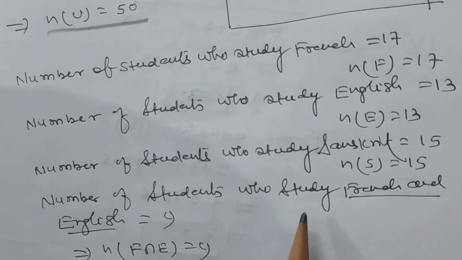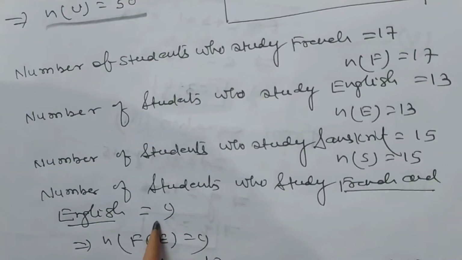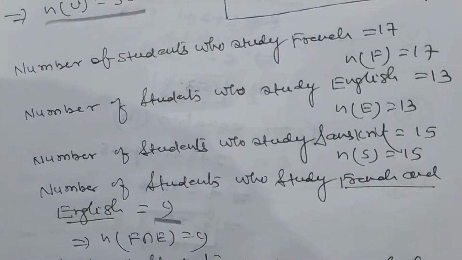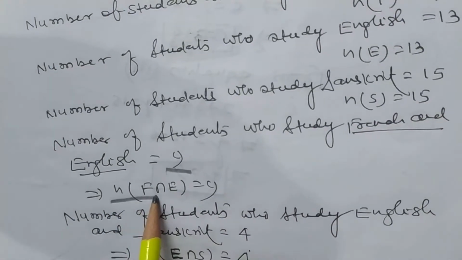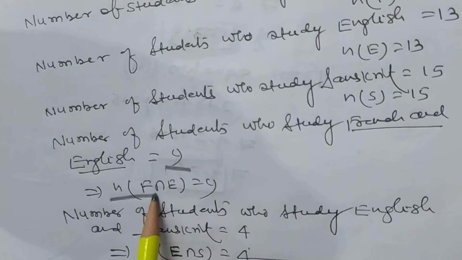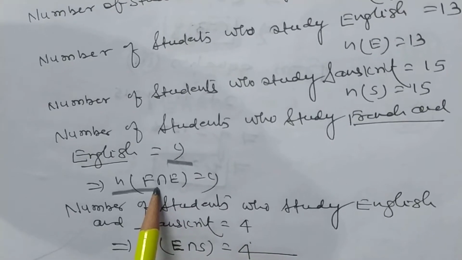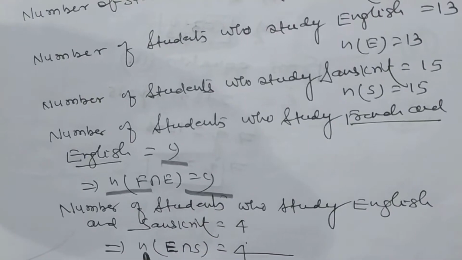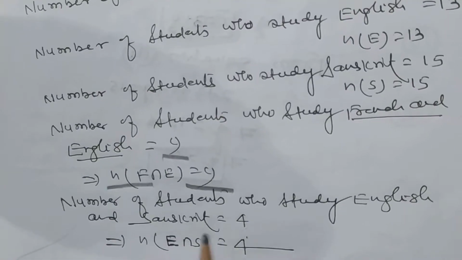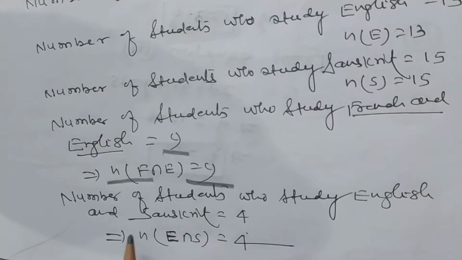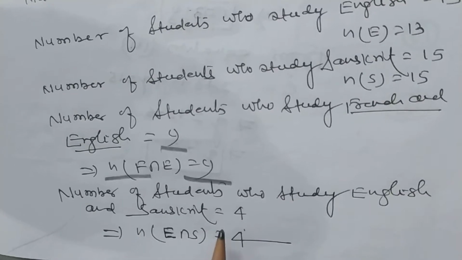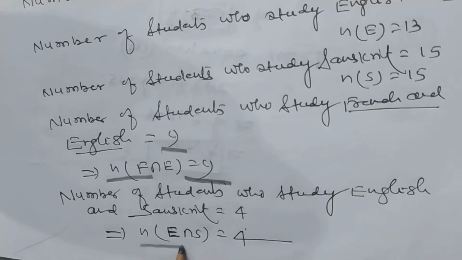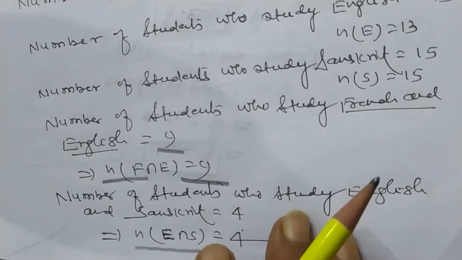Number of students who study French and English is equal to 9. So my dear students, the cardinal number of F intersection E is equal to 9. Number of students who study English and Sanskrit, that is the cardinal number of E intersection S, is equal to 4.